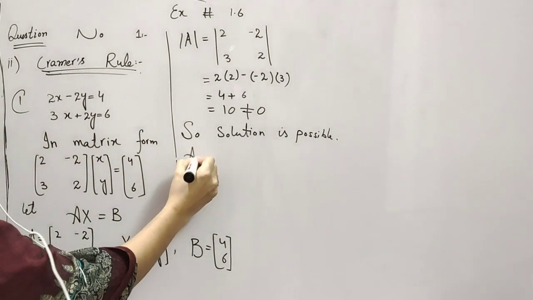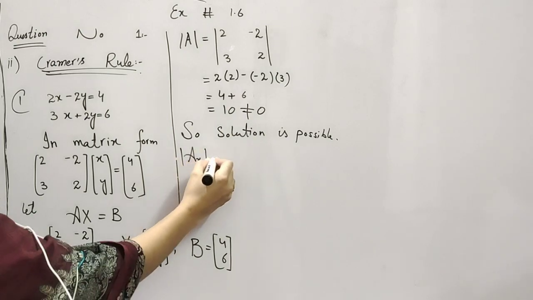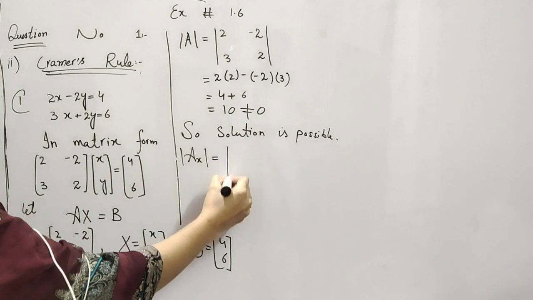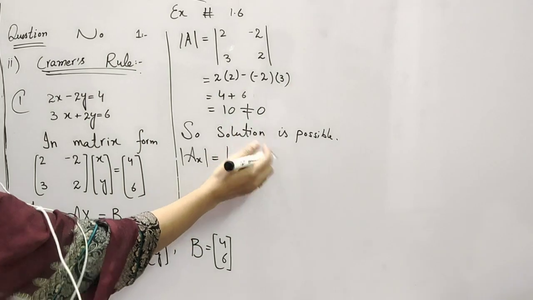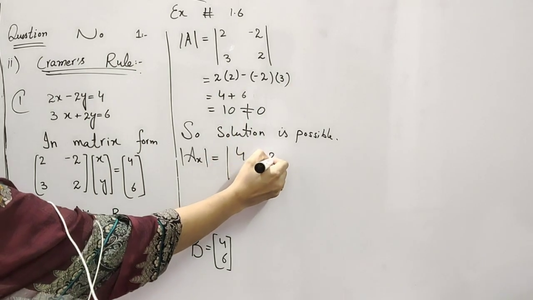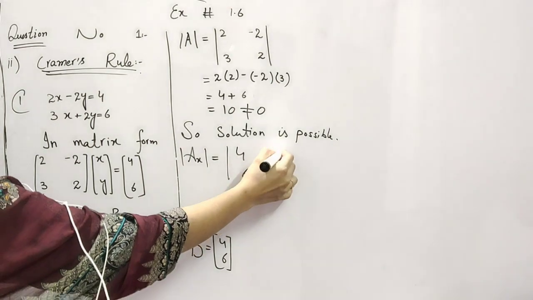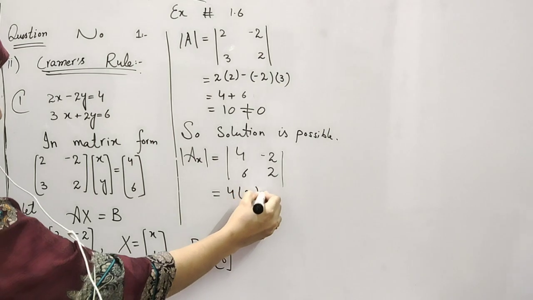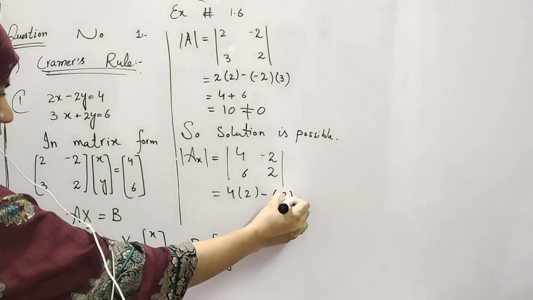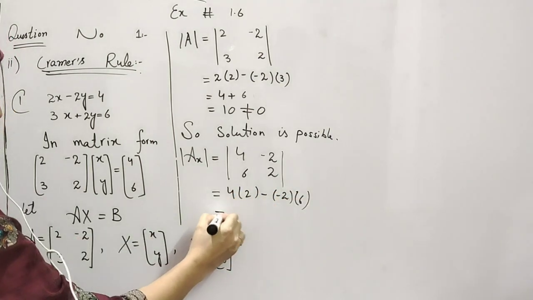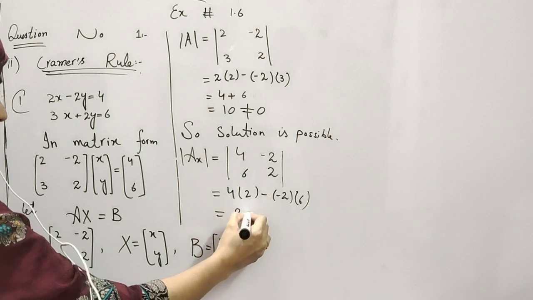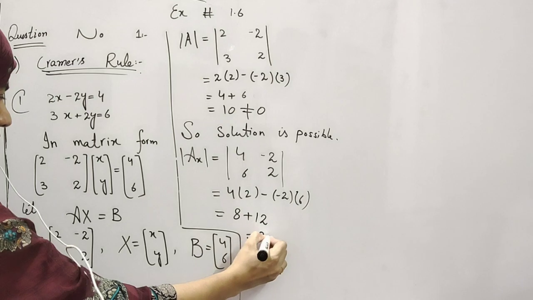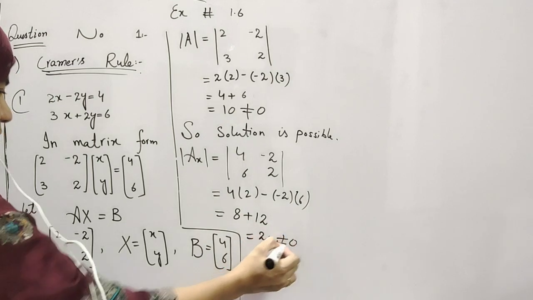Now we will find the determinant of A of x, which will be equal to |4, minus 2; 6, 2|. So this is equal to 4 into 2 minus (minus 2) into 6. So it will be equal to 8 plus 12, which is equal to 20. 20 is not equal to 0.